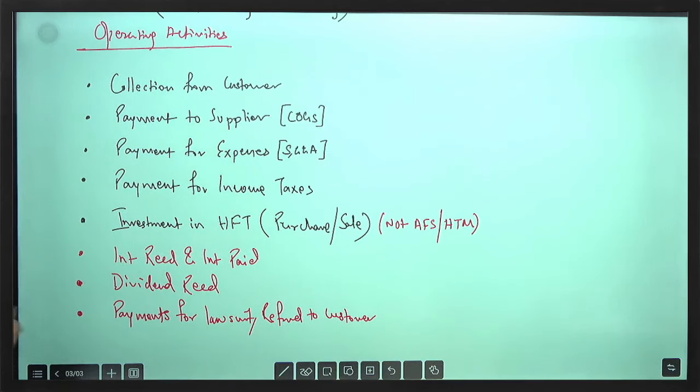Basically, it should not be investing or financing. Refund from supplier, right? Lawsuit, pending litigation.